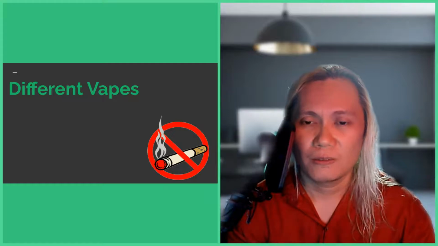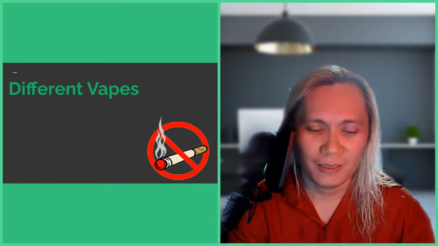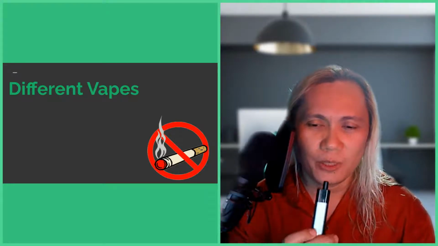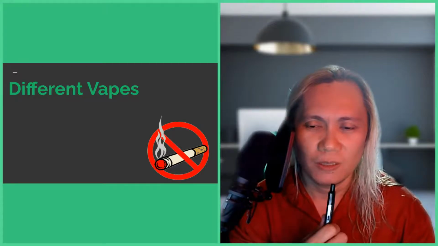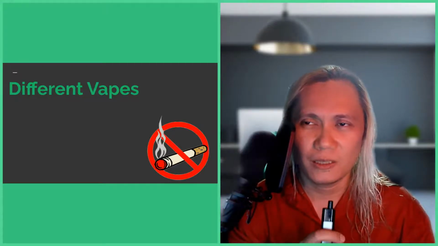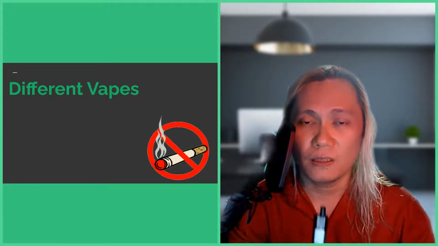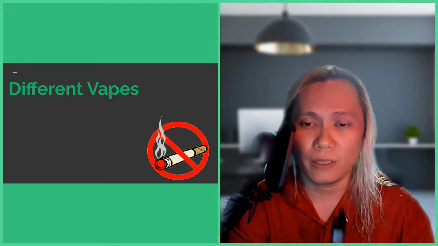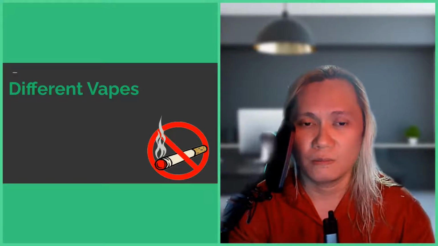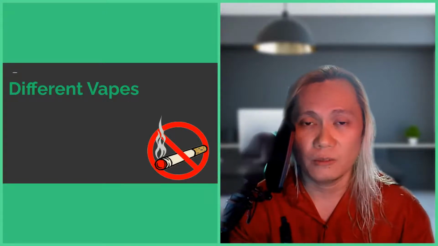Well, later on, you can get to that. But because we're after simulation, trying to get as close to the experience of cigarettes as possible. Then later on, converting to 0 milligrams of nicotine, which is what I do.